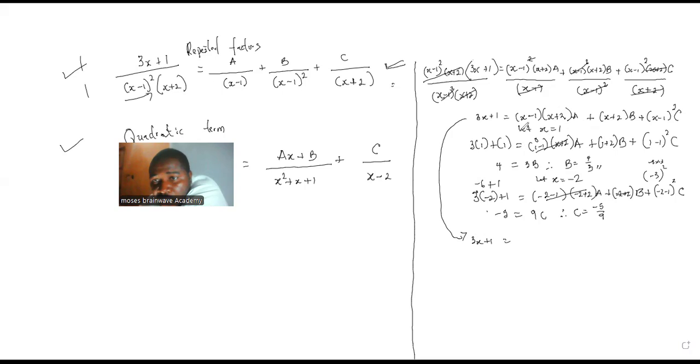The A guy is going to give me x multiplied by x is x squared, then x multiplied by 2 is going to give me plus 2x. Then -1 multiplied by x is minus x, then -1 multiplied by 2 is -2. So we have 2x minus x. This is going to give me x. So here, I'm going to have x squared plus x minus 2 of A.